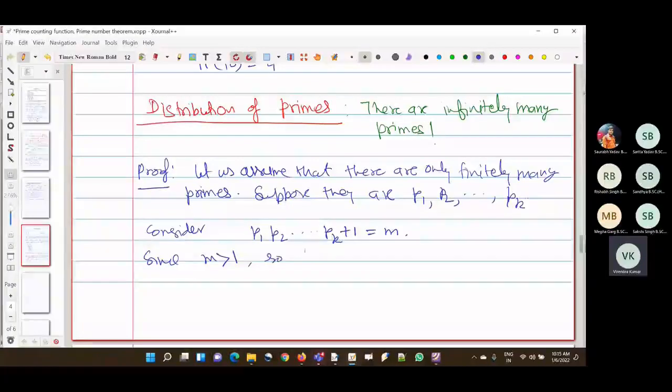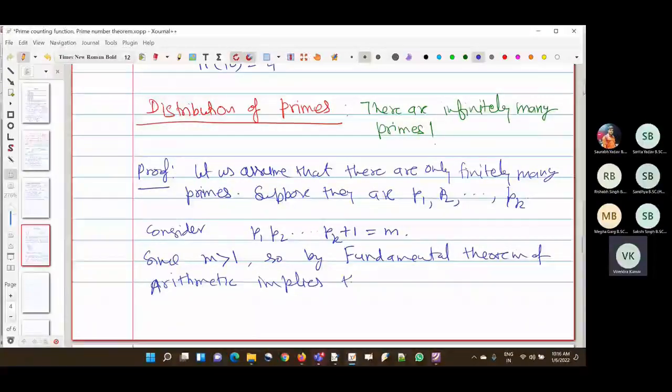So by the fundamental theorem of arithmetic, this implies that it is divisible by some prime p.